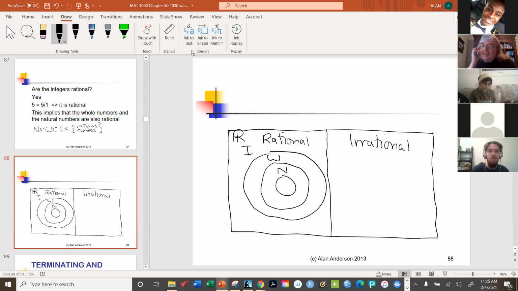Now, this can bring on some stress, and as far as thinking about it, what's interesting here is that the natural numbers are an infinite set, but so are the whole numbers, and so are the integers, and so are the rational numbers. All of these sets are infinite. And then the real numbers are also infinite. So what this tells us is that there are actually different levels of infinity.